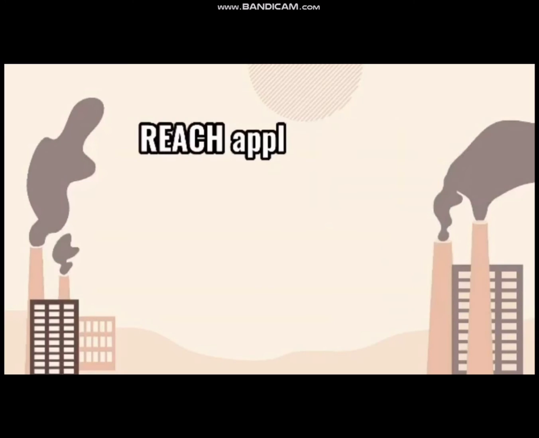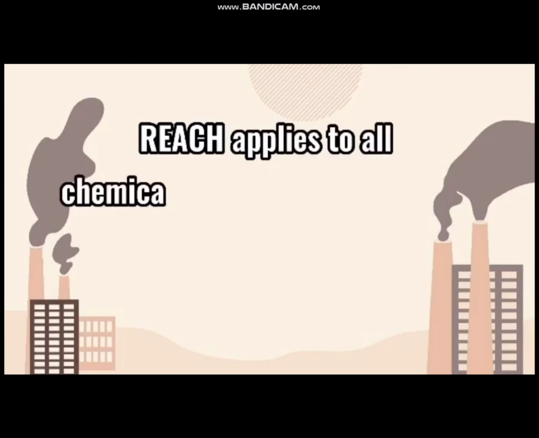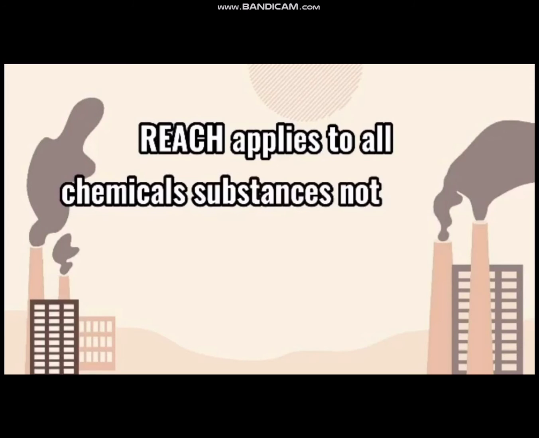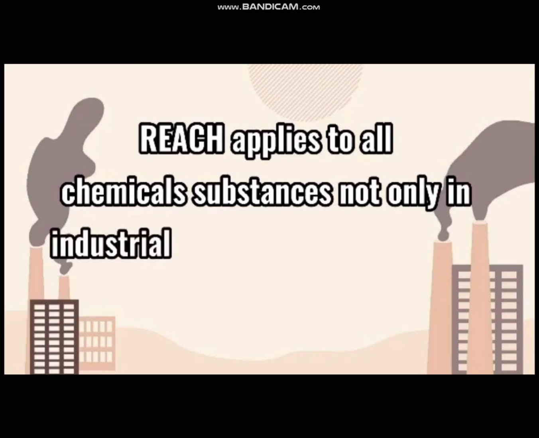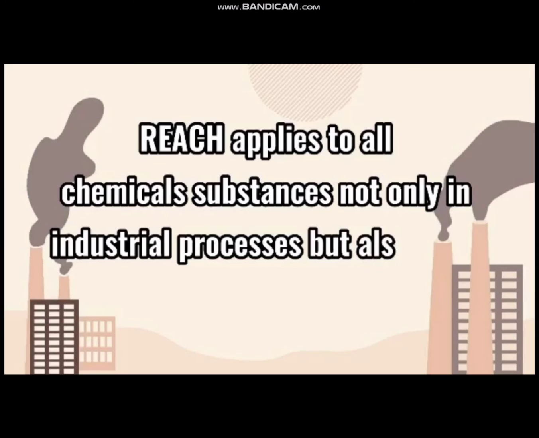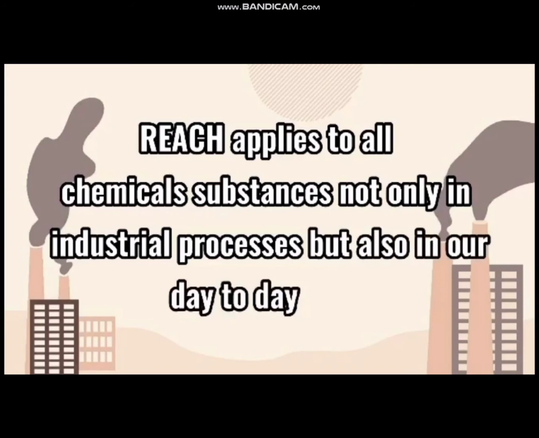REACH applies to all chemical substances, not only those used in industrial processes, but also in our day-to-day lives. For example, in cleaning products, paints, as well as in articles such as clothes, furniture, and electric appliances. Therefore, the regulation has an impact on most companies across the European Union.